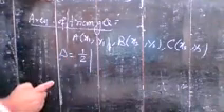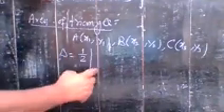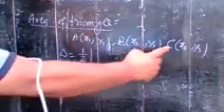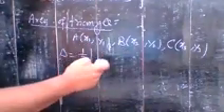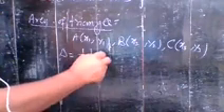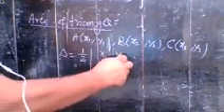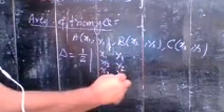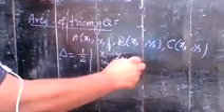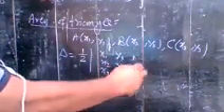So delta is equal to 1 by 2, and within the determinant, the first column is the x coordinates of the vertices: x1, x2, x3. The second column is the y coordinates: y1, y2, y3. And your third column is 1, 1, 1.